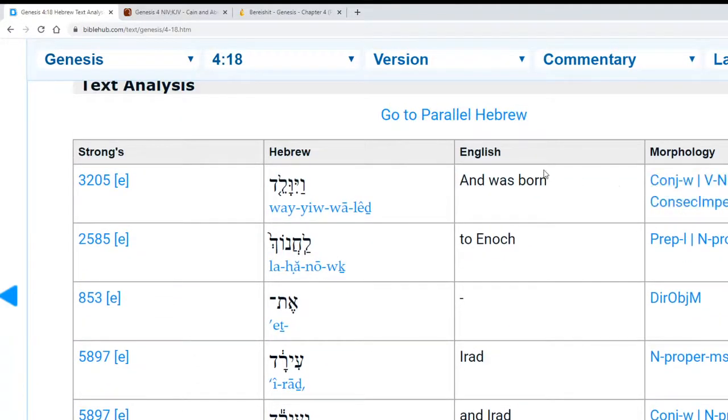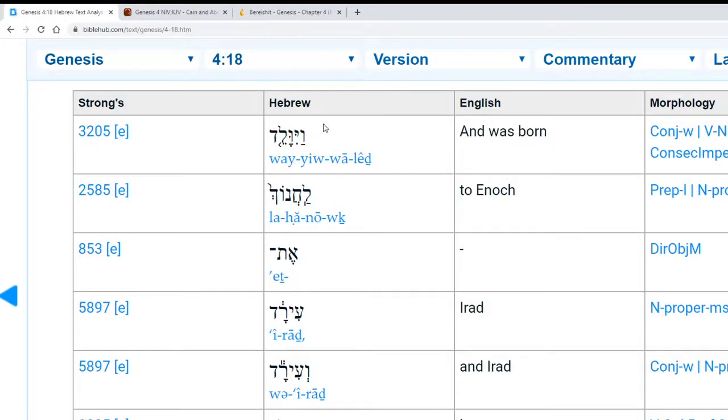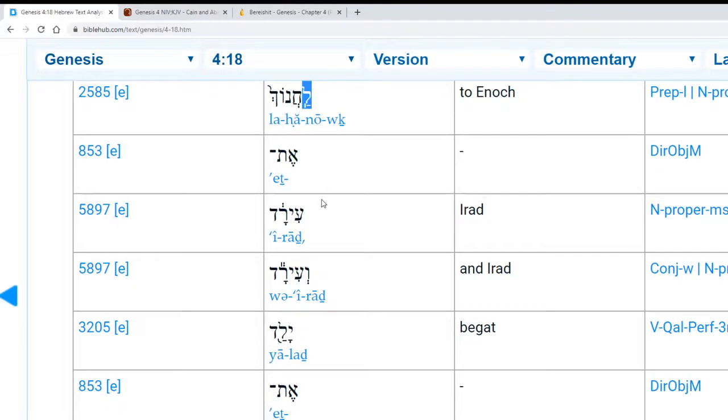I think it is right to read this as a more passive form. Vayivaled, and was born lechanoch, to Chanoch, prepositional lamed, and was born to Chanoch et Irad, right?